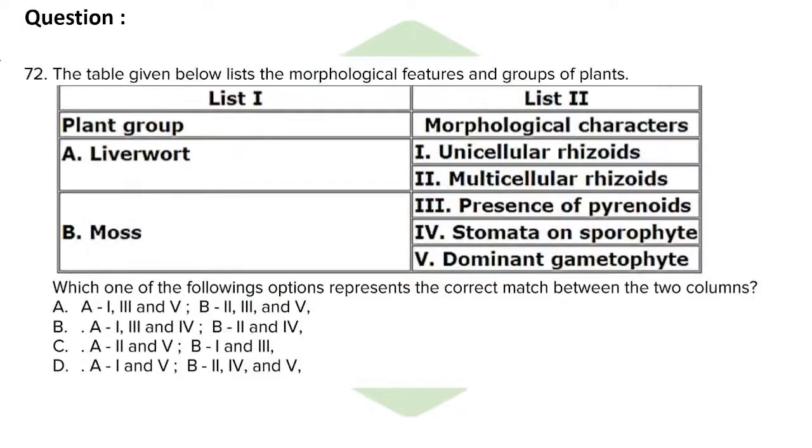One more question. Given below are a list of morphological features and a group of plants that we have. So you have liverworts and mosses. In liverworts, you have to find out which morphological characteristics will be there, and the same for the mosses as well.